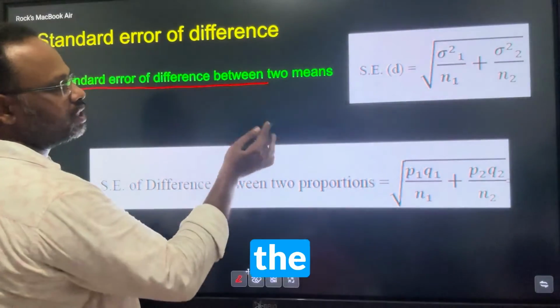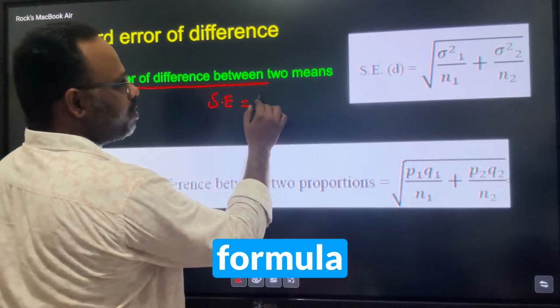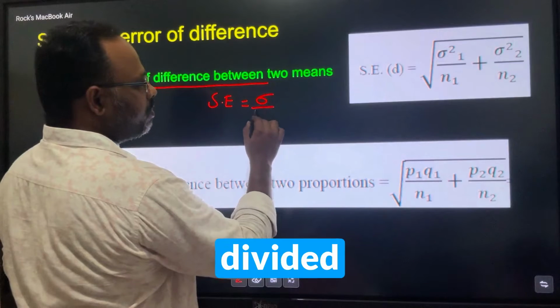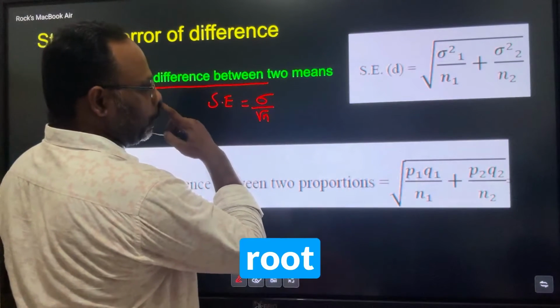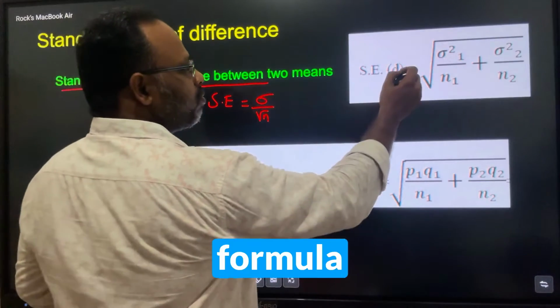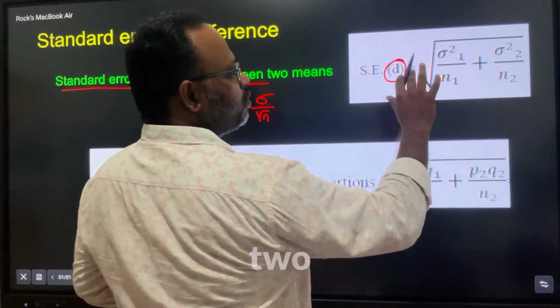As we all know, the standard error of means is given by the formula sigma divided by root of n, that is standard deviation divided by root of n. Here the formula has been converted into the difference formula for two groups.